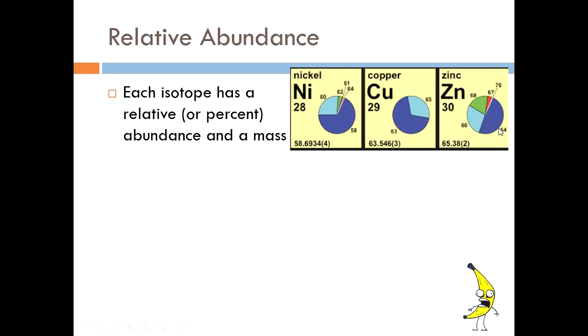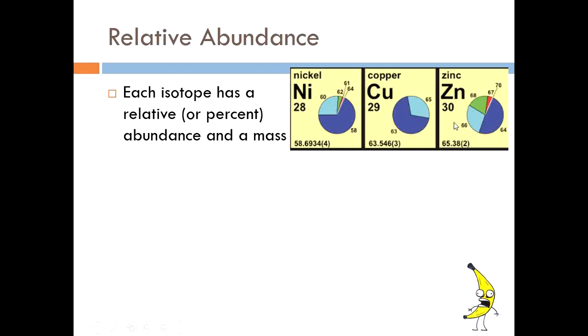Let's take a look at zinc. Zinc has 1, 2, 3, 4, 5 isotopes. Okay? Zinc 64, zinc 66, zinc 68, zinc 67, and zinc 70. Well, which one is the most abundant? Well, if you look at the pie chart, zinc 64 is the most abundant by nature. Which one is the least abundant? Zinc 70.